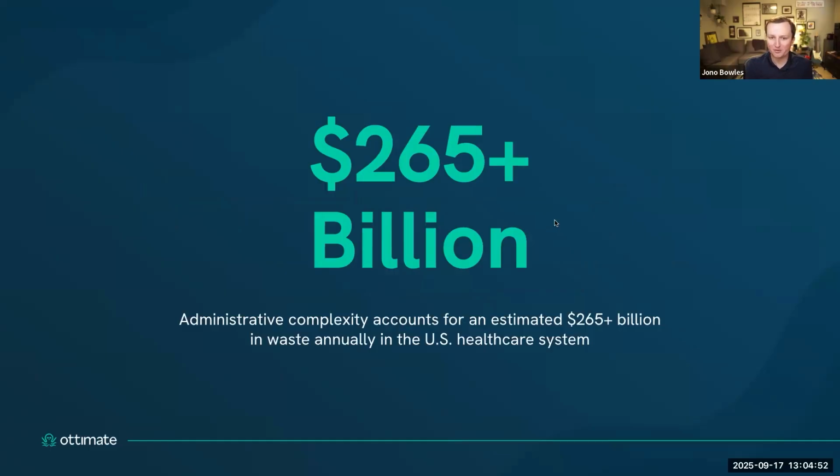So at the top here, let's just set the stage for what you all might be facing currently with some quick data on where the industry is at today. This figure comes from a recent study published in the Journal of the American Medical Association. Administrative complexity accounts for at least $265 billion in waste annually in the U.S. healthcare system.